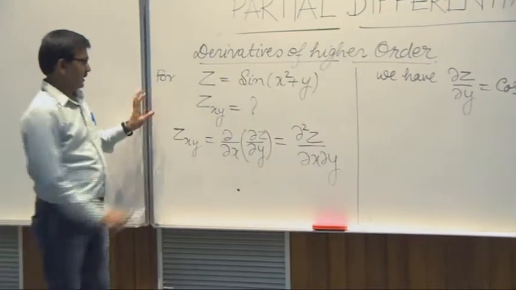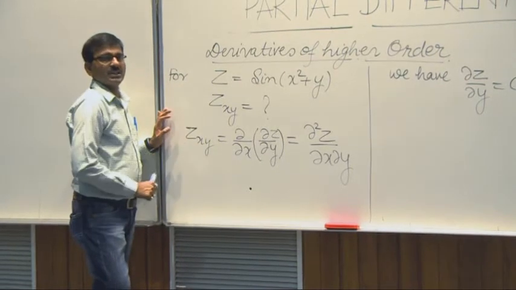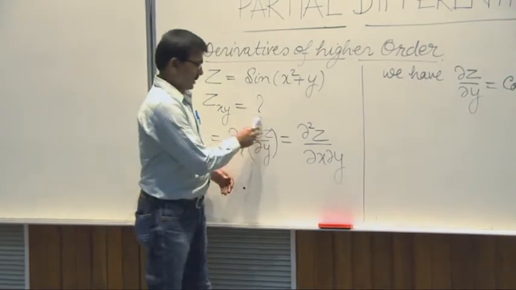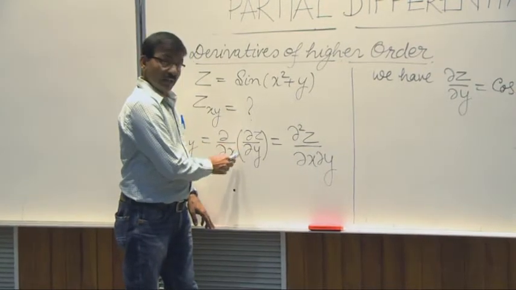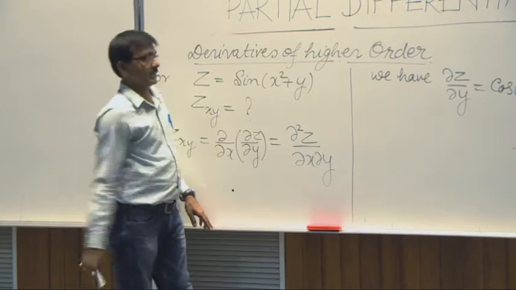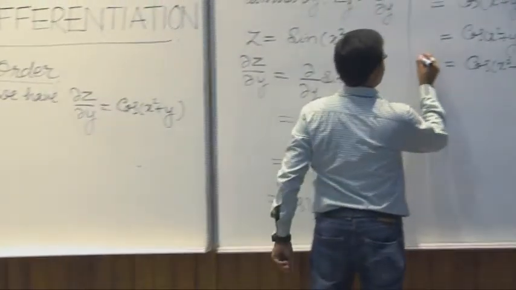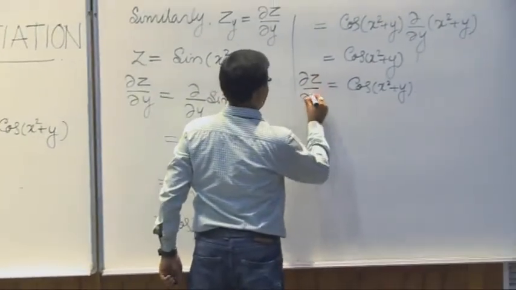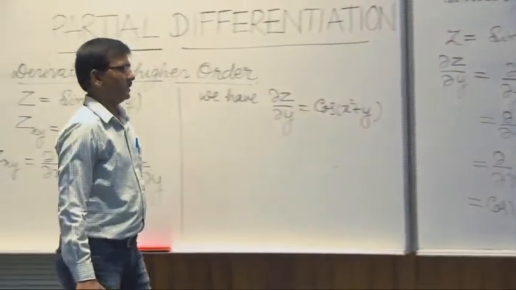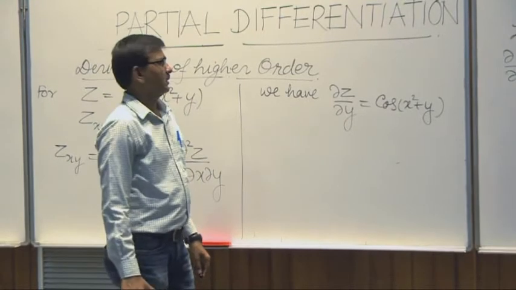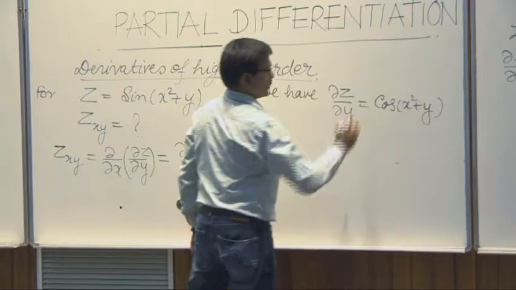What we have to find out is zxy, which means first differentiate with respect to y, then differentiate with respect to x. First differentiating with respect to y is done, and now we have to differentiate it with respect to x. So we will use this result: del z del y is equal to cos of x square plus y.